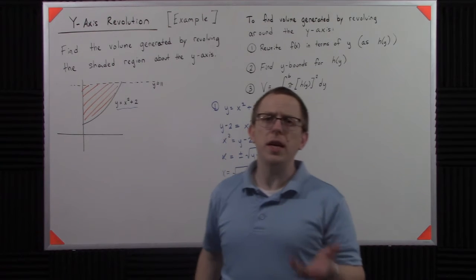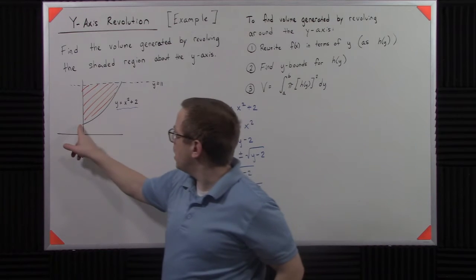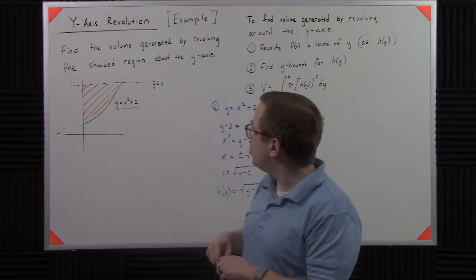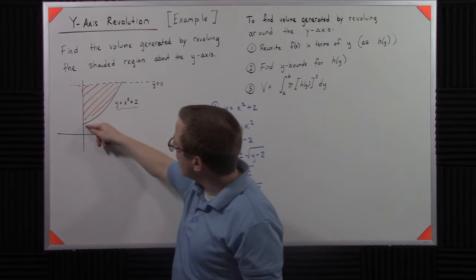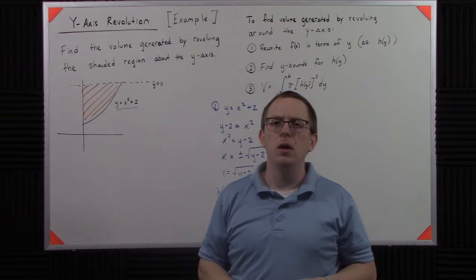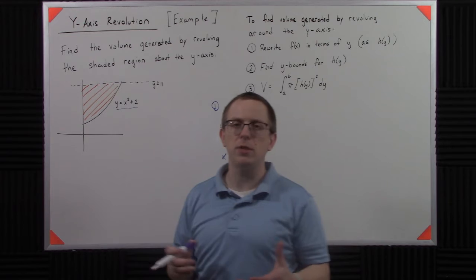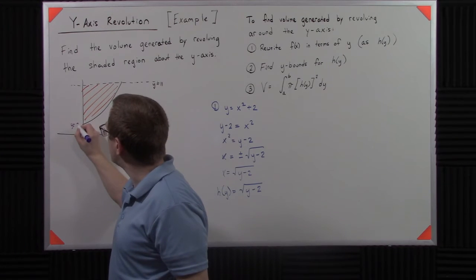Now, our second step is to find the y bounds here. So what I need to do is find the lower bound and the upper bound. So to do that, okay, well, I have x squared plus 2. Now if I go all the way down to the vertex there, what I see is that's going to strike the y-axis. So when the x value is 0 here, y equals 2.